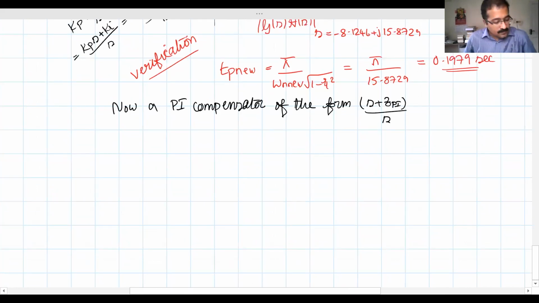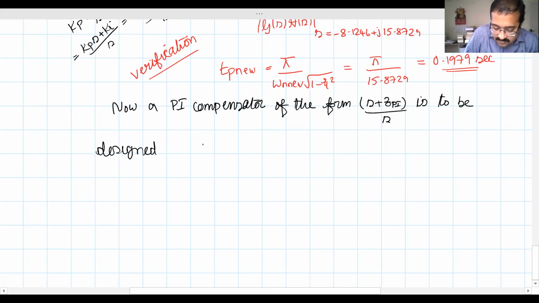Now, a PI compensator of the form is to be designed on top of this PD compensated system.